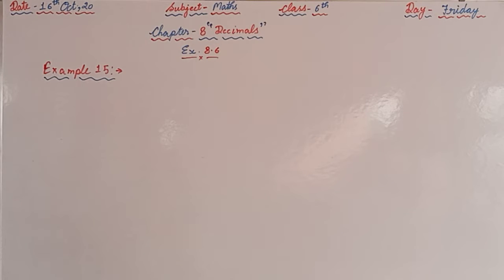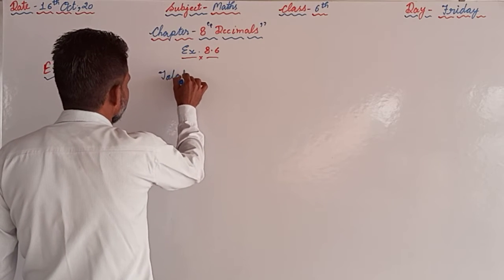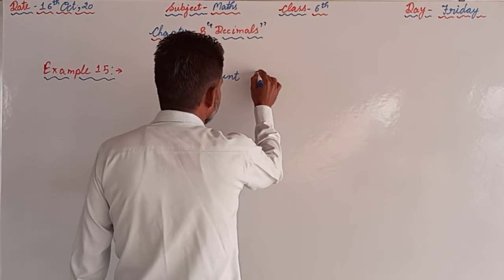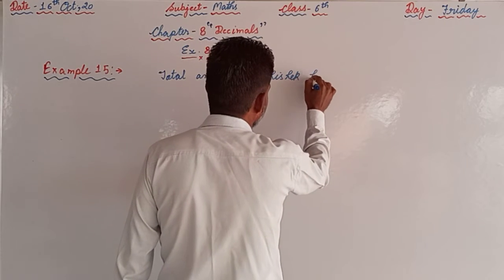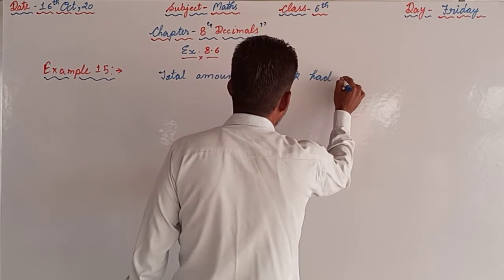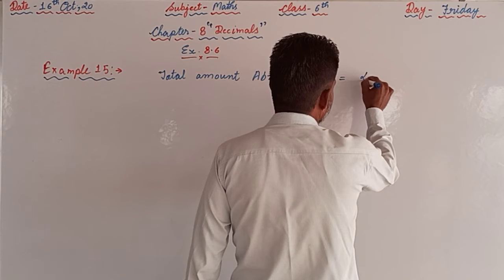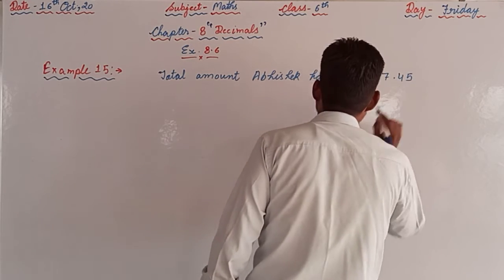So in this question Abhishek had rupees 7 and 45 paise. How much amount he was having, rupees 7 and 45 paise. Rupees 7 and after decimal there is paise.